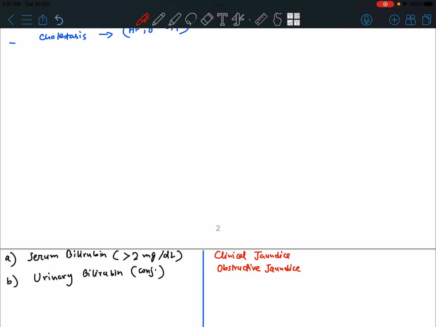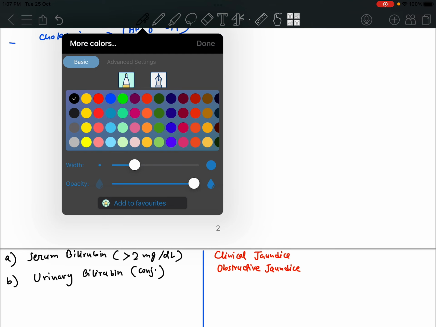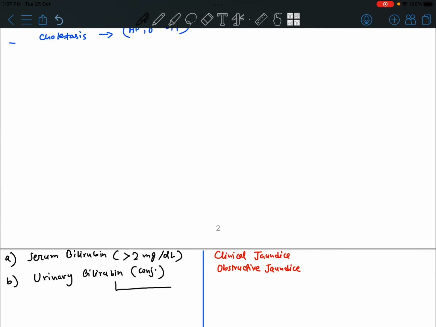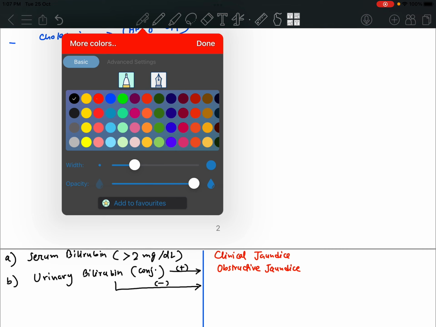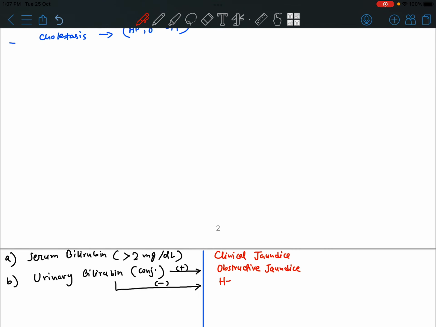Again, if there is jaundice on general examination and there is absence of bilirubin in urine, this indicates unconjugated bilirubin, therefore hemolytic jaundice. So if this is present, then obstructive jaundice, and if this is absent, then it will be hemolytic jaundice.